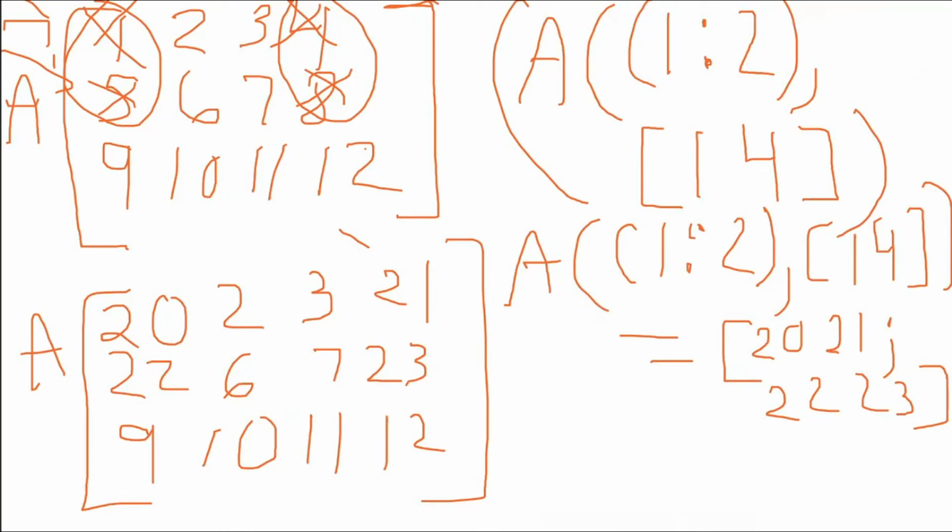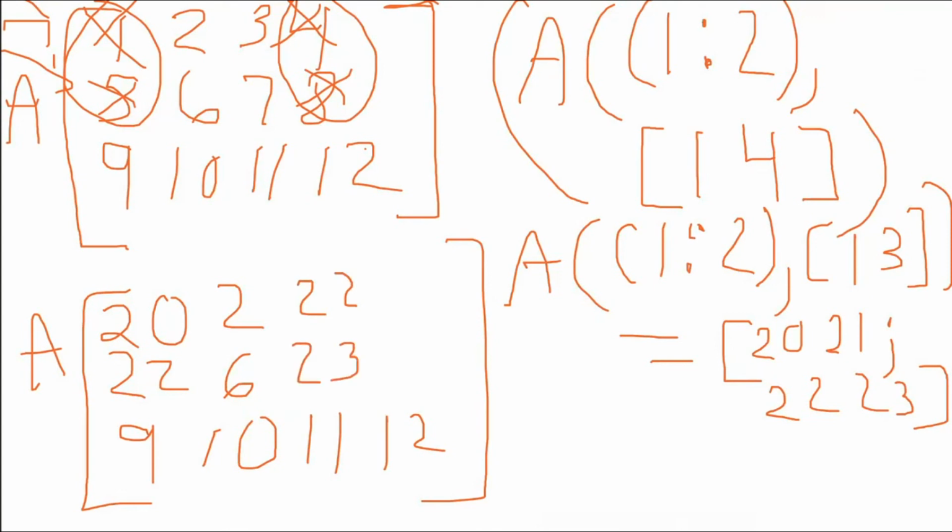Another example I can give you is, let's say we wanted not the fourth column, but the third column. I would just change this, instead of a 4, this would be a 3. Now if I do 1, 3, then this changes. We'd have 22, 23.